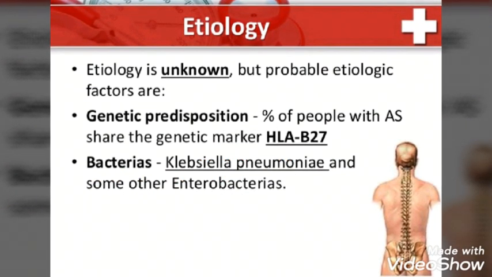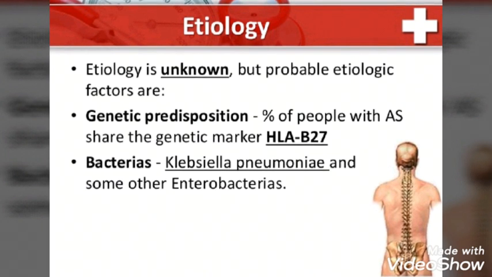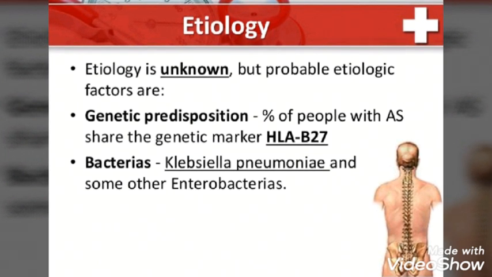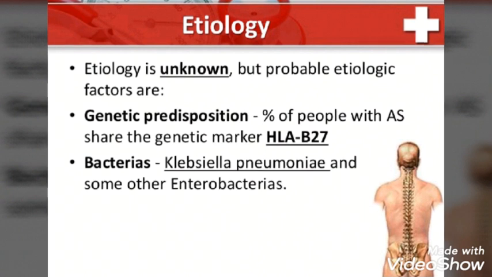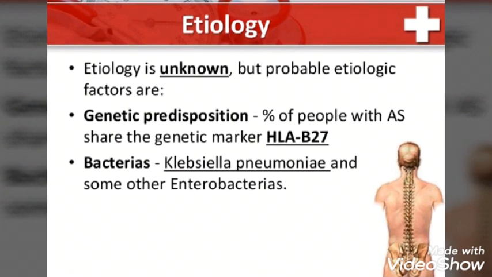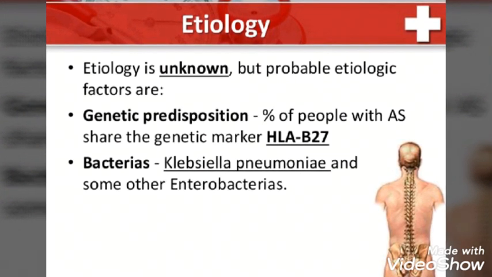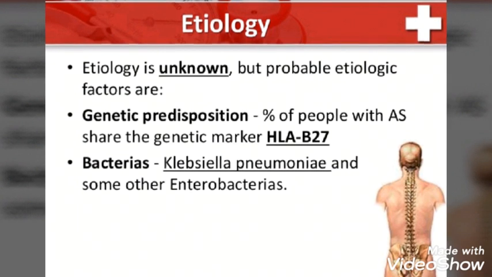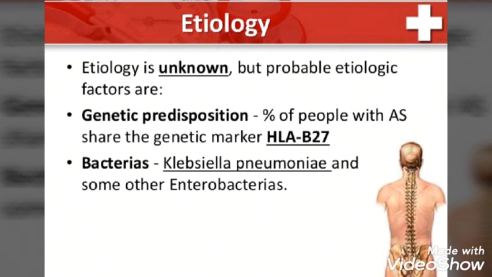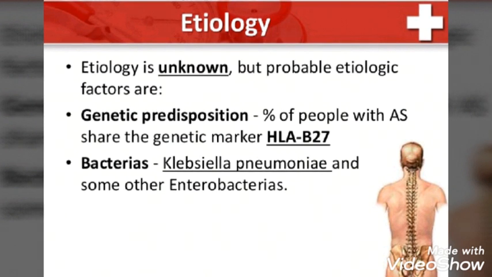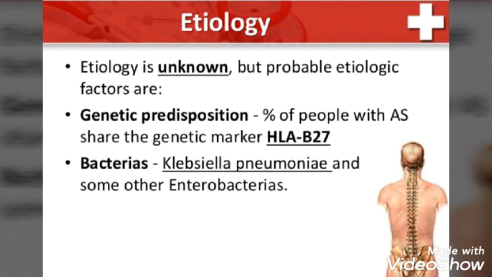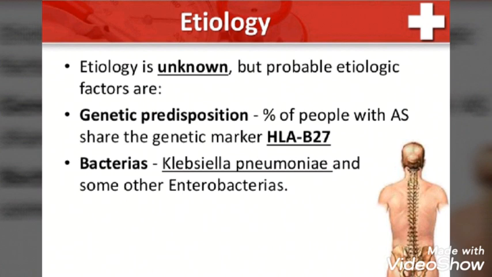Then there is more chance of the patient getting it from genetics, that is from parents. Other reasons can be bacteria, that is Klebsiella pneumoniae and some other enterobacteria. So the three main etiologies are: the main one is unknown, the second is genetic predisposition, and the third is bacteria.